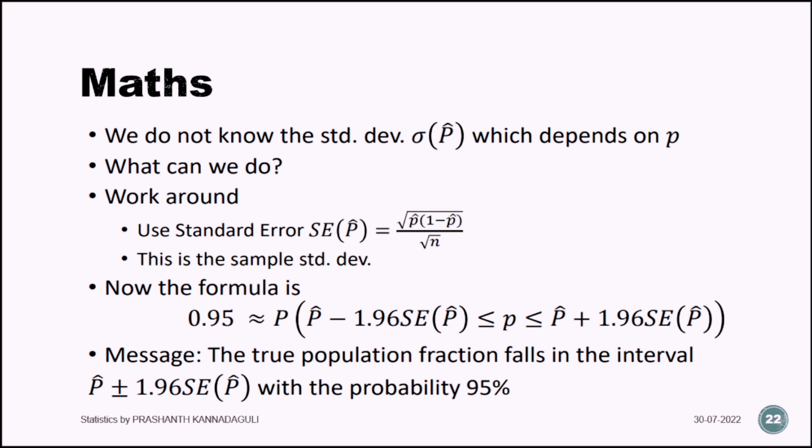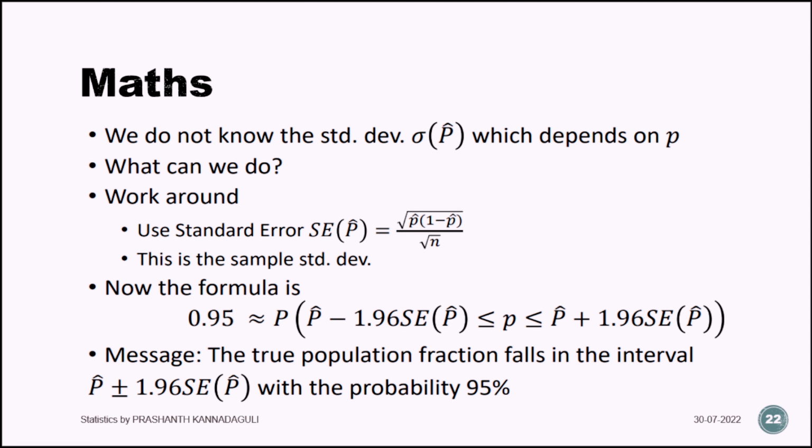We introduce a term that is called the standard error. How do you define the standard error? Look at this equation. Standard error is denoted as SE. Instead of sigma p cap, which I cannot calculate, if I had p, I could substitute and calculate. But I know that I cannot go with that equation.